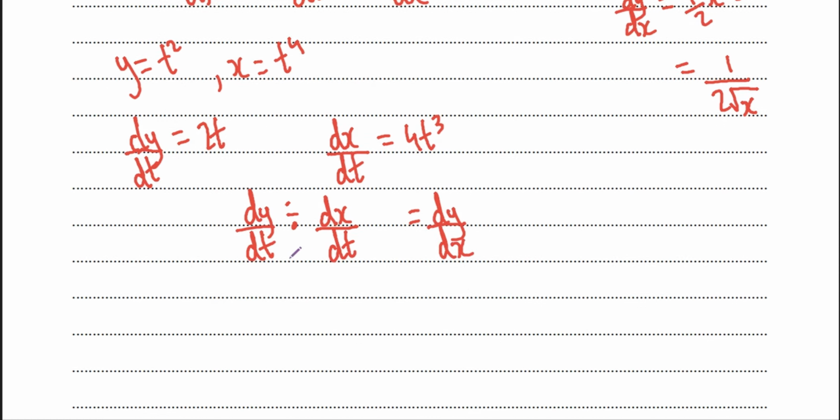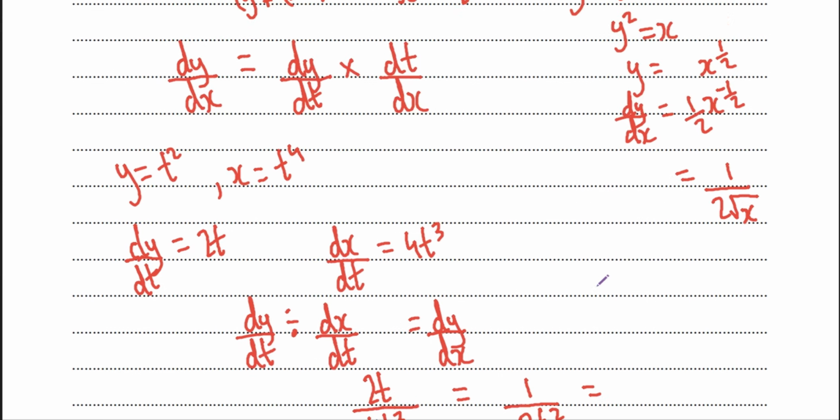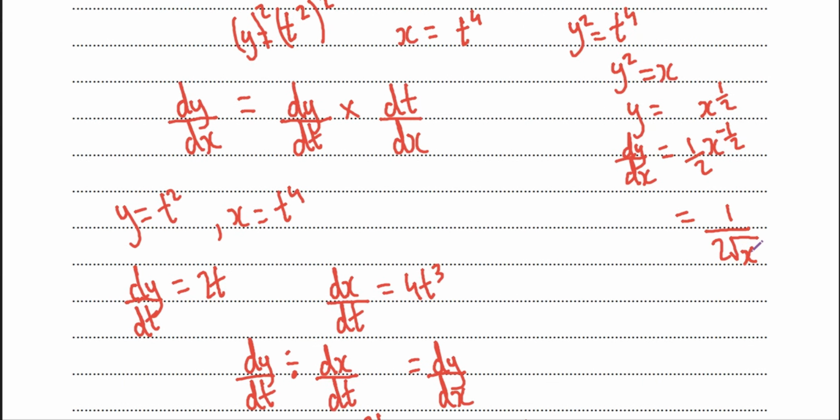So let's do it. We have dy by dt and we have dx by dt as well. So we have 2t divided by dx by dt, which is 4t cubed. And that leaves us with, cancel the t, 1 over 2t squared, which is actually equal to, well, remember over here we got 1 over 2 square root x.